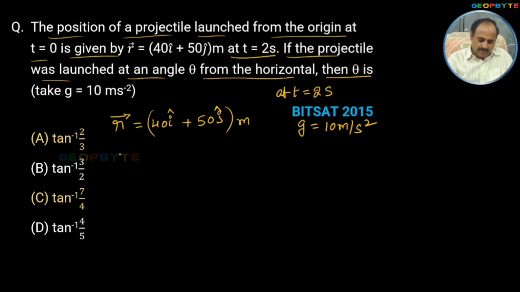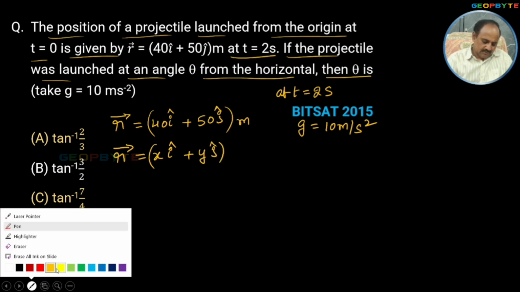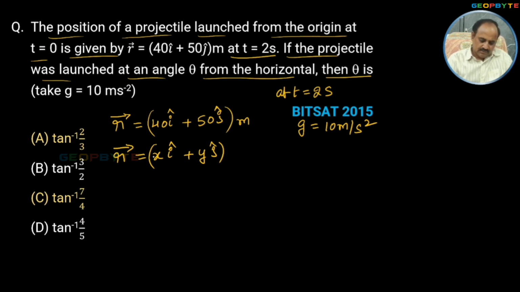Then, as you know, this r bar I can write as x i cap plus y j cap. From this I can conclude that x equals 40 meters and y equals 50 meters.